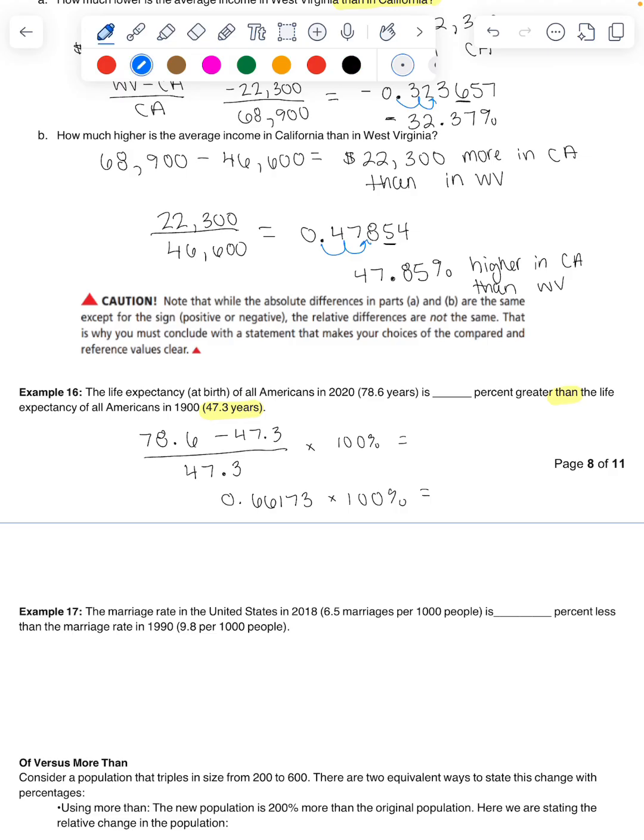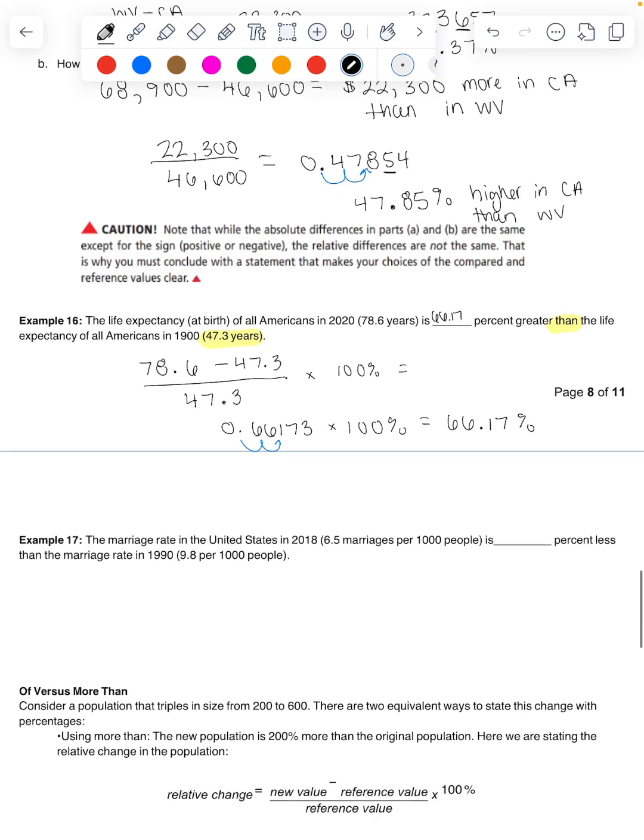I'm going to move the decimal 2 places, and I get 66.17%. So the life expectancy is 66.17% greater than the life expectancy of all Americans in 1900.